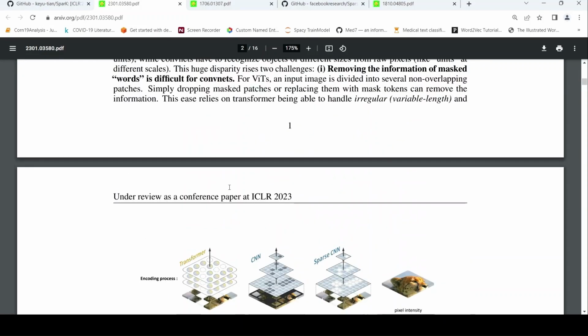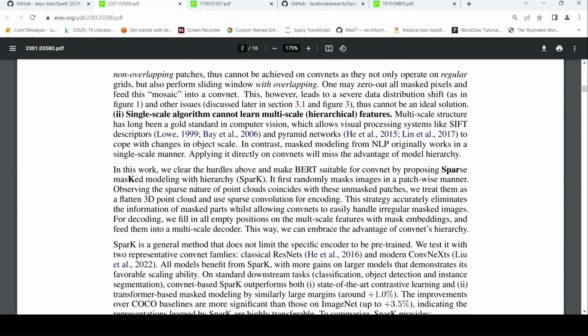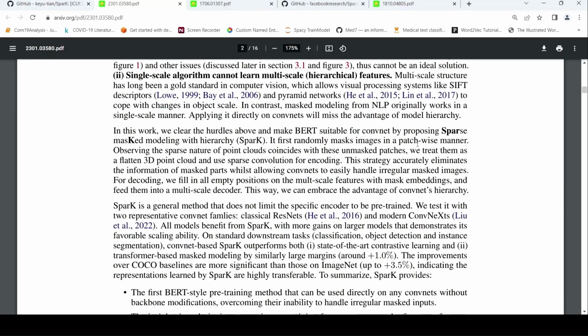So how did they overcome these two technical issues which make it unsuitable for convolutional neural networks? They introduce something called sparse masked modeling with hierarchy, that is SparK. First it randomly masks images in a patchwise manner.